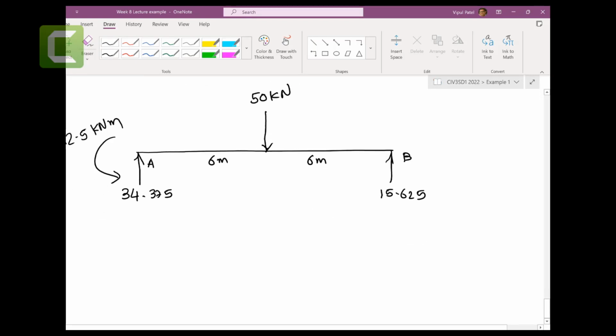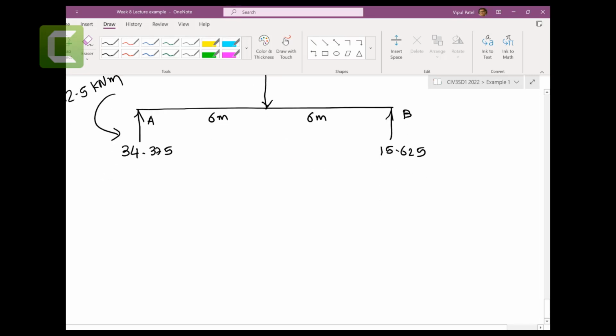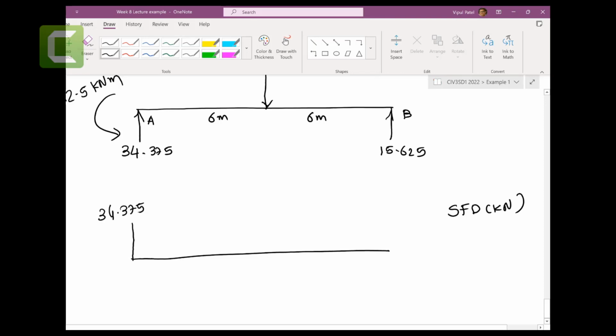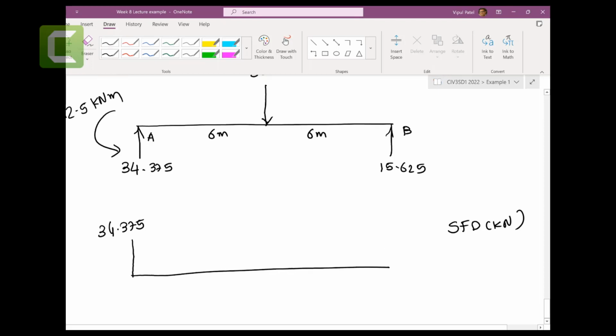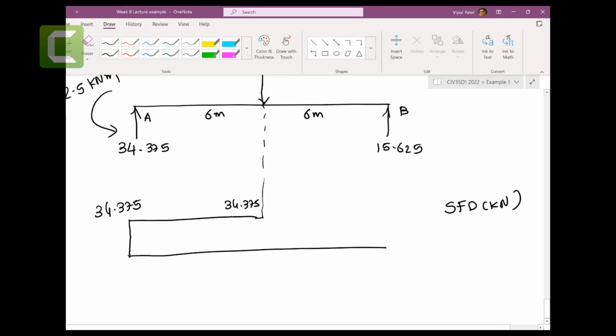Now, in this case, we can just do the shear force diagram. SFD in kilonewtons, just graphical methods. 34.375 going up, going across. 50 here is 34.375. 34.375 take away 50 gives you, minus by the way, 15.625.